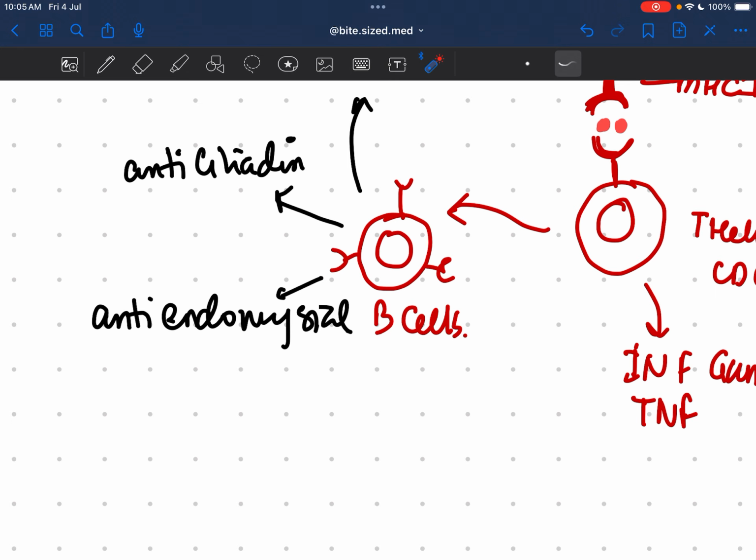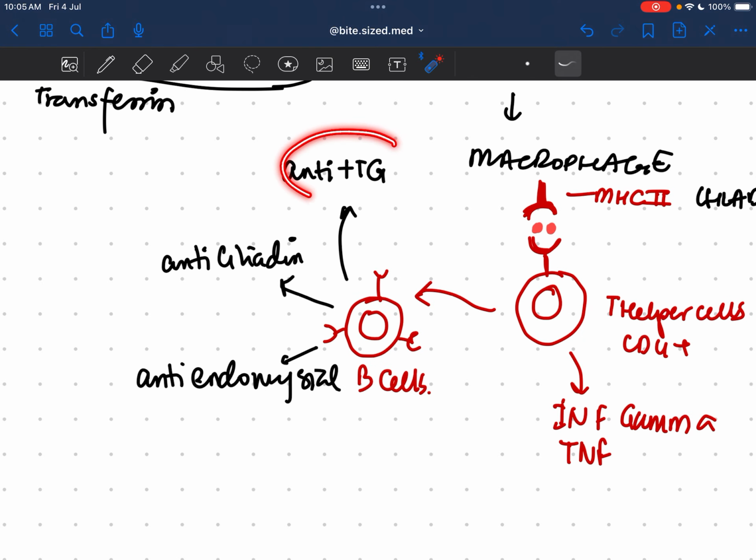However, we're not really sure why this is formed, and we're not really sure what this does, because there's no significant component of muscular damage in celiac disease. However, tissue transglutaminase and anti-endomysial antibodies are very specific and sensitive for diagnosing celiac disease, and anti-gliadin antibodies can also be used, but with lower sensitivities.